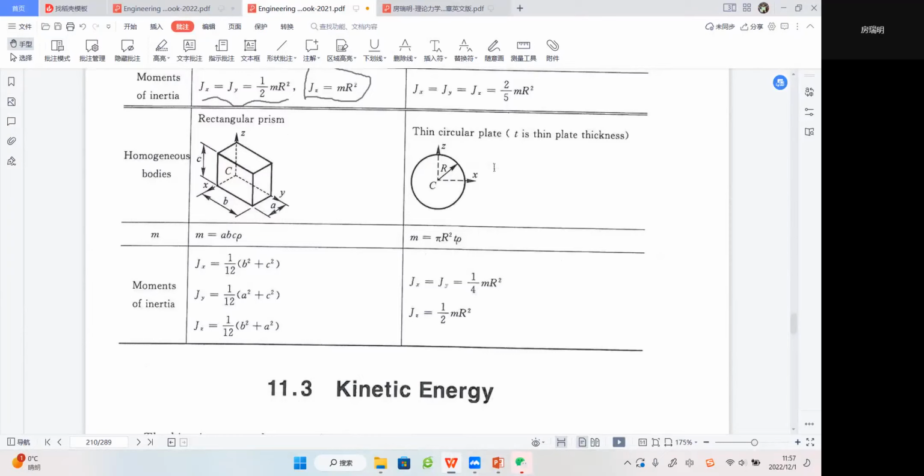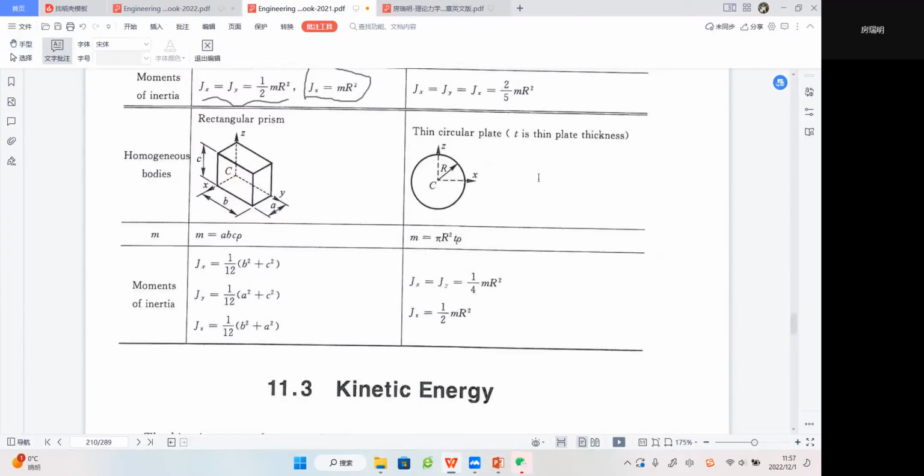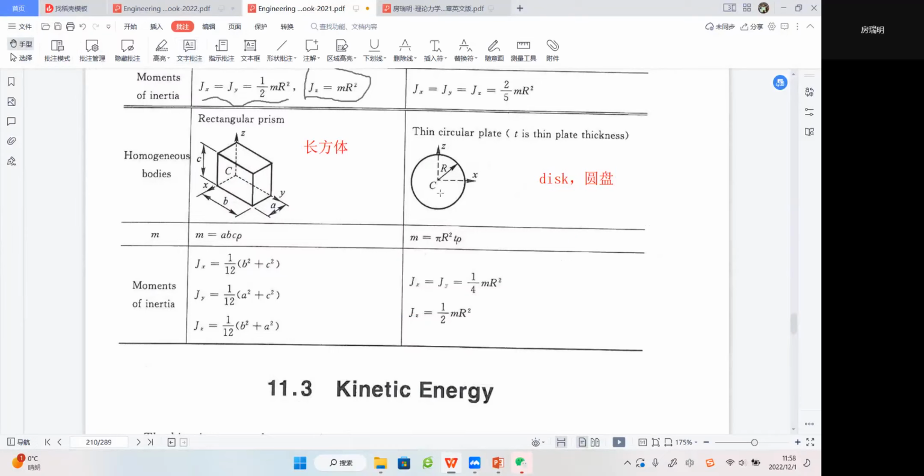And this thin circular plate, just a disk, 圆盘. So for this 圆盘, this part is very important because we have axis.